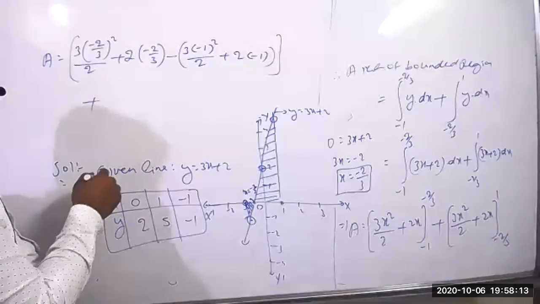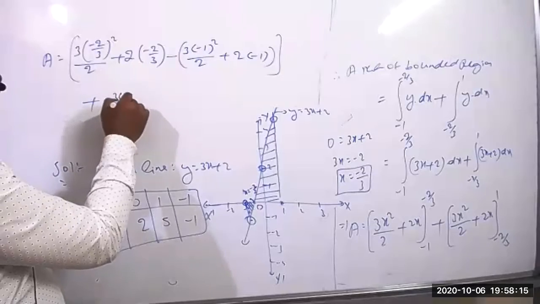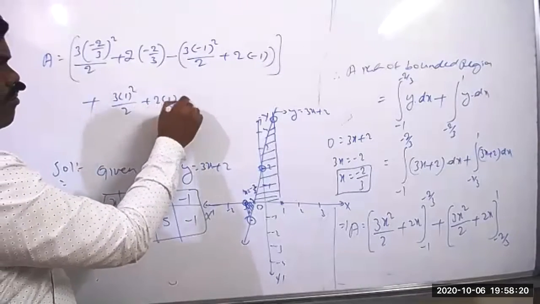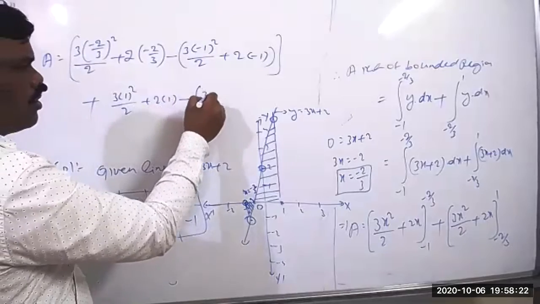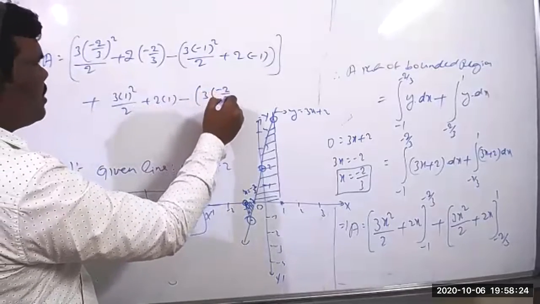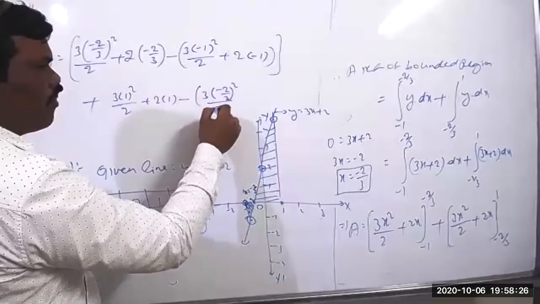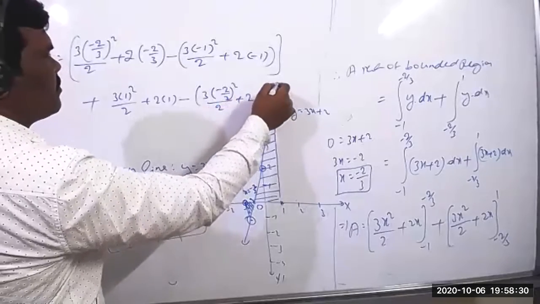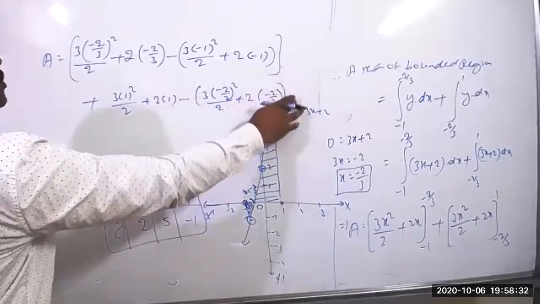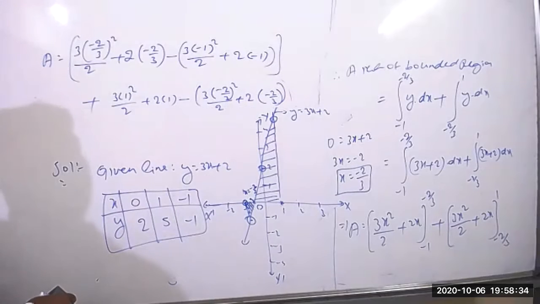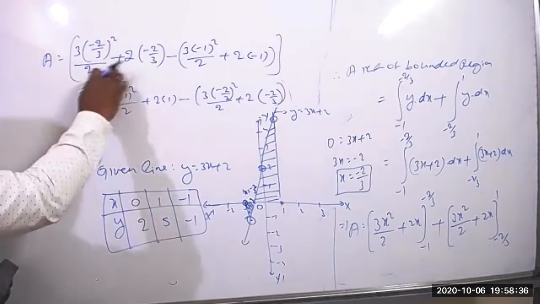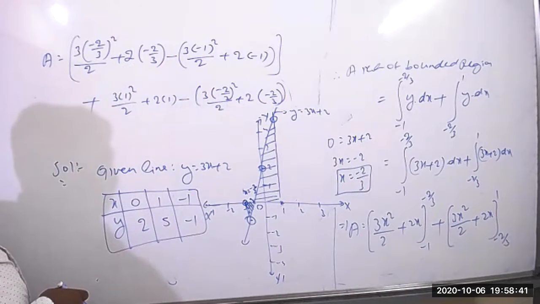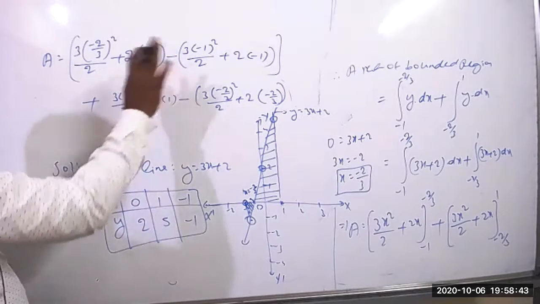Plus the second one: 3 into 1 square by 2 plus 2 into 1, minus of 3 into minus 2 by 3 whole square by 2 plus 2 into minus 2 by 3. There is no need to simplify that value, because these two terms will be the same and will cancel directly. Maybe we can simplify these two now.